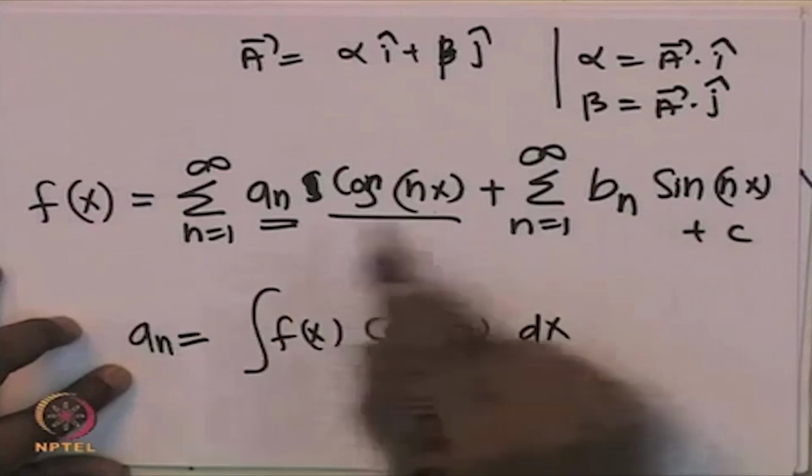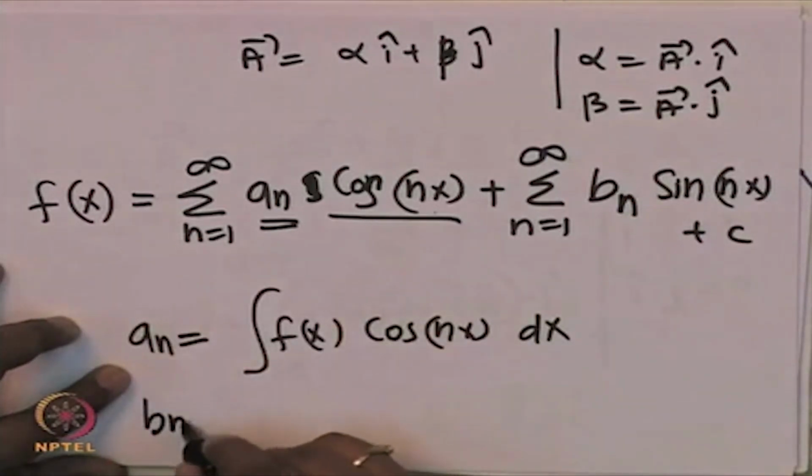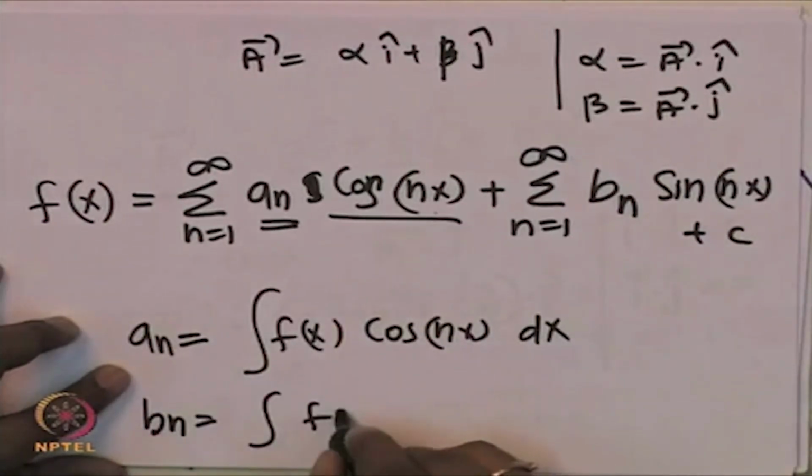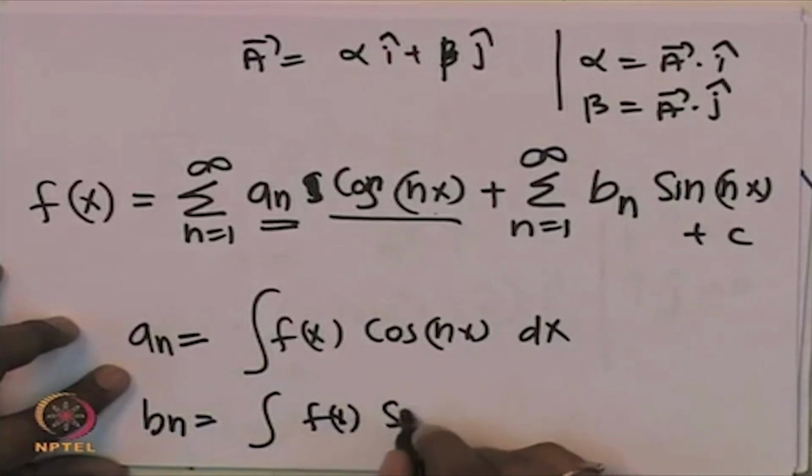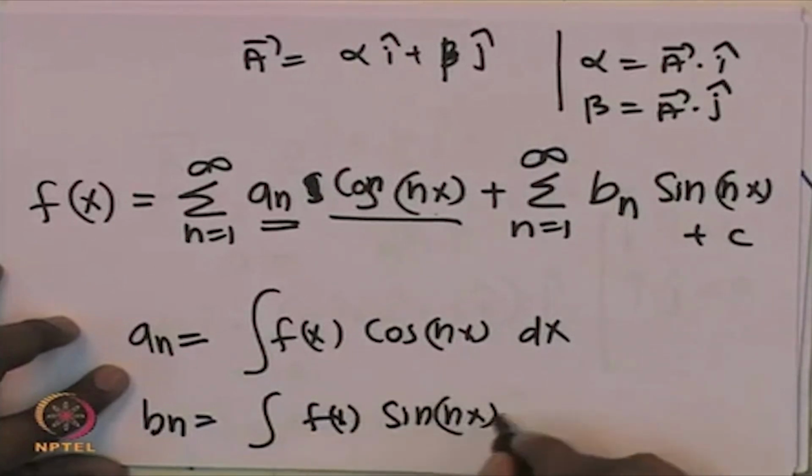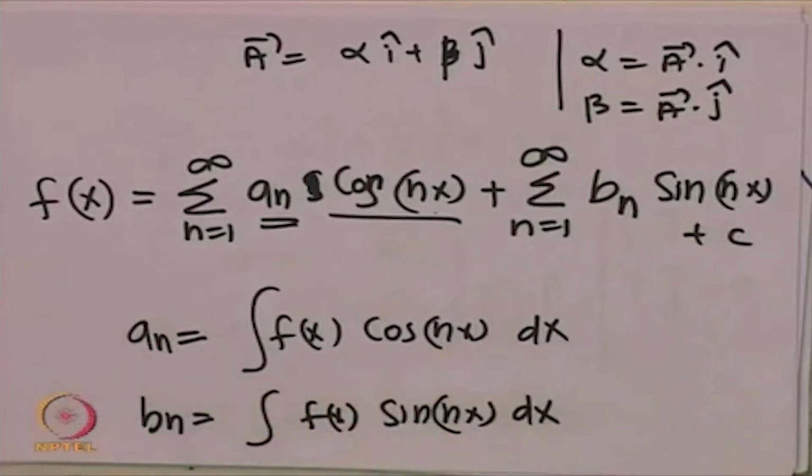Similarly, you multiply with sin and integrate, and you get b. So, the way of finding a and b are like this.